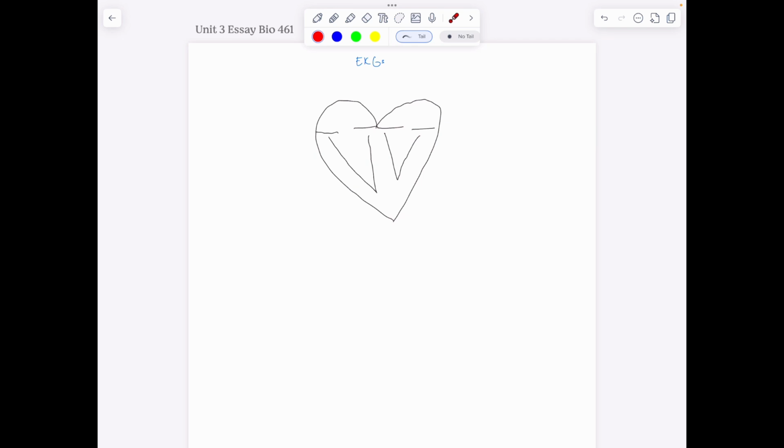And then I'm also going to draw an SA node, and then we're going to have our AV node. And so that's the heart. And so now we're going to get into what the different signals are going to do.